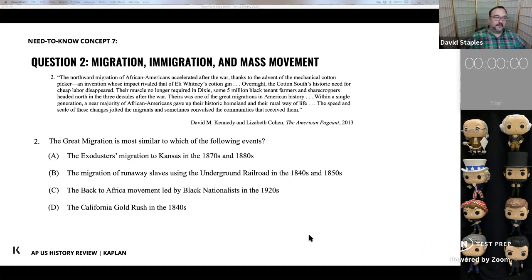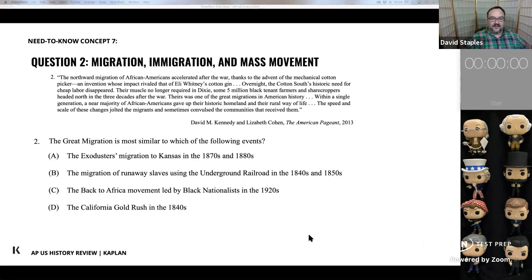All right, not as many answers on this one. It's not as obvious, especially since some of these things may be lesser covered things. So which one is most similar?